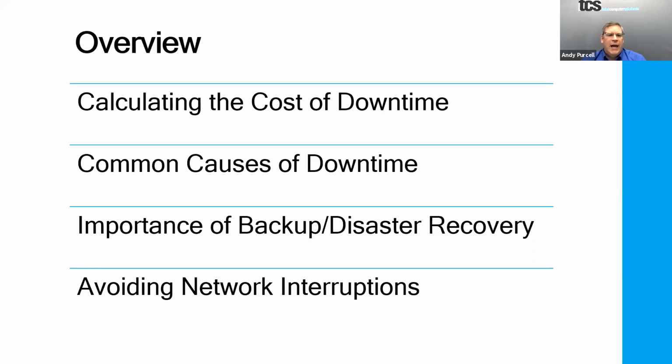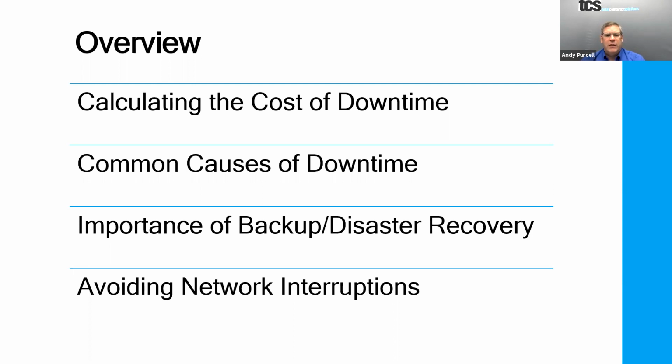To go ahead and get started, I want to look at the overview of what we're going to discuss today. The 4 key sections that we'll go over begin with calculating the cost of downtime. How do you figure out what it really means to be down? We think, sure, it's just delaying some stuff. Maybe some people have to work from home. Maybe we do tomorrow what we don't get done today. But if you really look at the cost of your operating expenses, if you look at what it means to not be able to produce, ship, see clients, see patients, whatever your industry is, it is probably the single biggest expense of downtime.